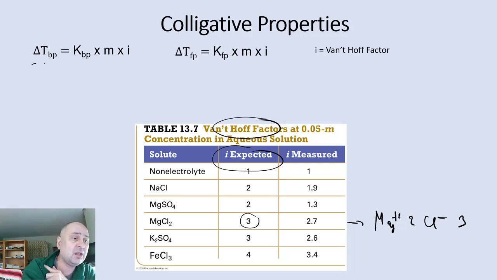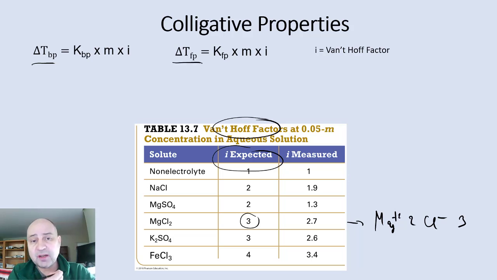So we use this formula here. The delta always implies change in something. So here's the change in temperature, BP, standing for boiling point, and here the change in temperature, FP, freezing point. The constant for that, which is Kbp or Kf, depends on what your solvent is. And so if your solvent is water, guess what?